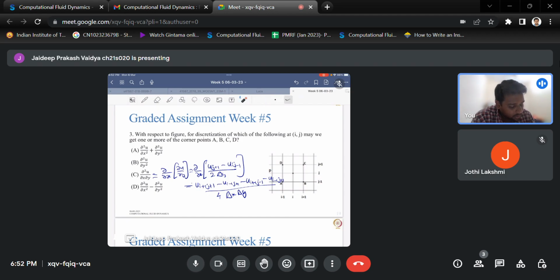Since we are dealing with i plus 1, j plus 1, that is point C; i minus 1, j plus 1 will be point D; i plus 1, j minus 1 will be point B; and the final term will be both in the negative direction, i minus 1, j minus 1. So for this particular condition, we use the computational molecule, which includes the corner points A, B, C, D.